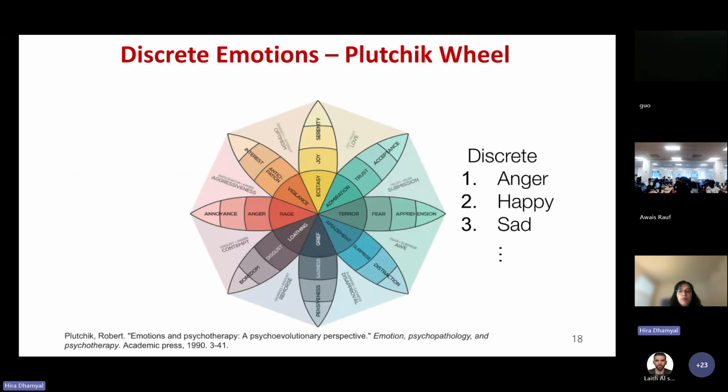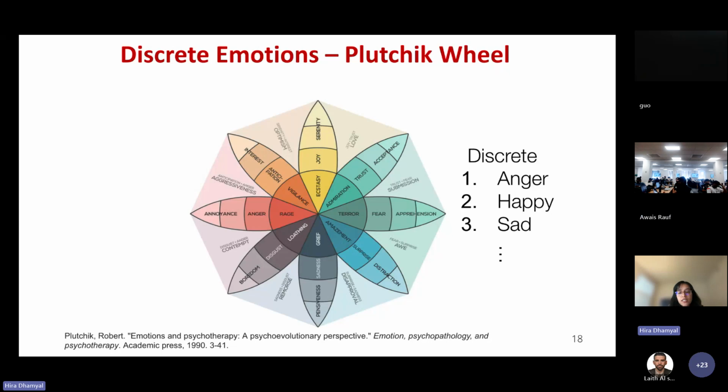Before we go into that, what really are emotions? There are a handful of ways of representing emotions, but here I will talk about discrete representation. Discrete representations of emotion are based on Robert Plutchik's explanation in psychology of what emotions are and how they are represented, and he came up with this Plutchik wheel of emotion, which was introduced in the 1980s.